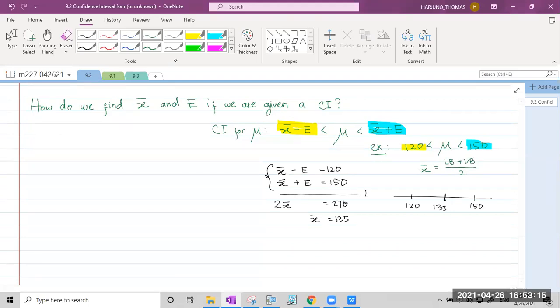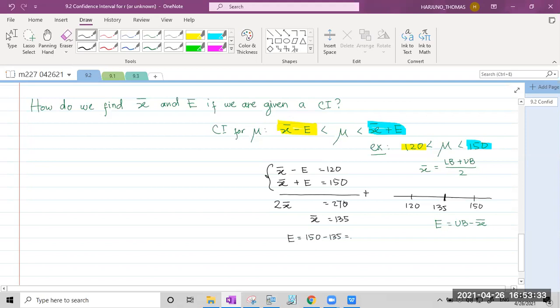Now, how about the margin of error? Well, the margin of error is basically the upper bound minus the x bar, right? In this case, margin of error is upper bound minus the best point estimate. But you can also use the best point estimate minus the lower bound. It will give you the same thing.